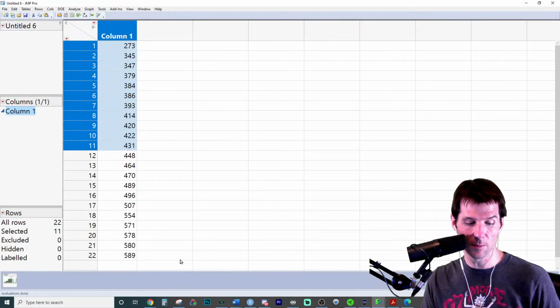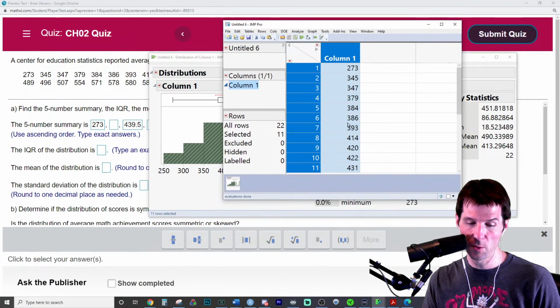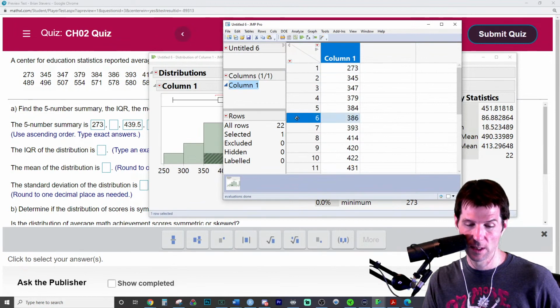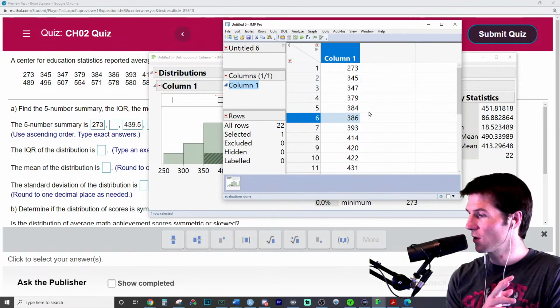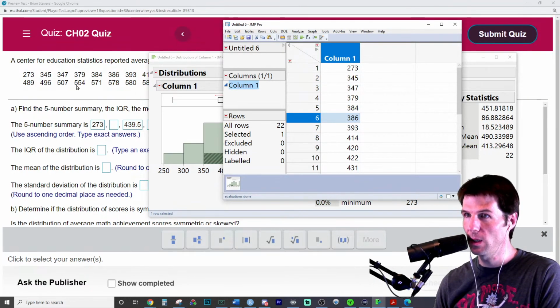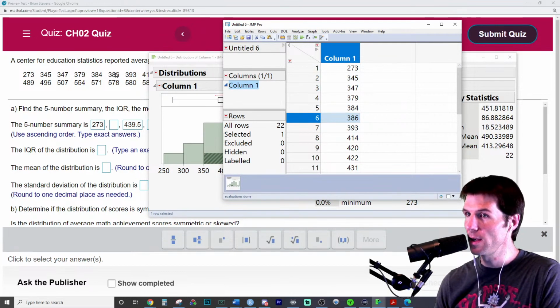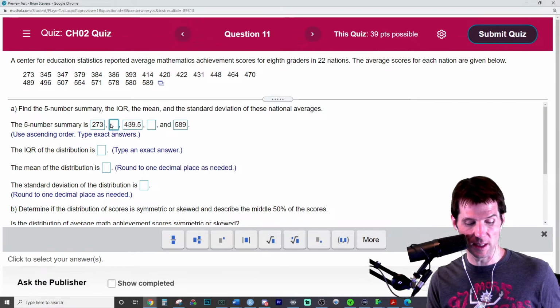If you only have these numbers here, let's show only these numbers, then you would count in how many numbers to get the median. And look at that, 6 numbers. So this is kind of a hint for this question. If you count in 6 numbers, you get the median, like 1, 2, 3, 4, 5, 6. And this is Q1. So Q1 is right here at 386.